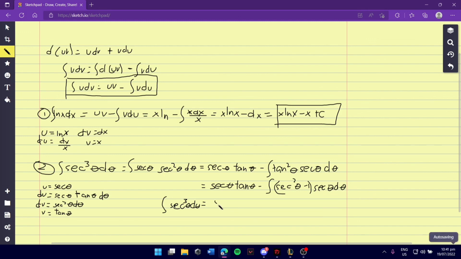Then copy secant theta tan theta minus the integral of secant, this will become cubed now, secant cubed theta d theta, then add the integral of secant theta d theta.